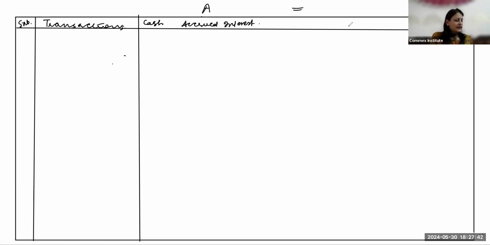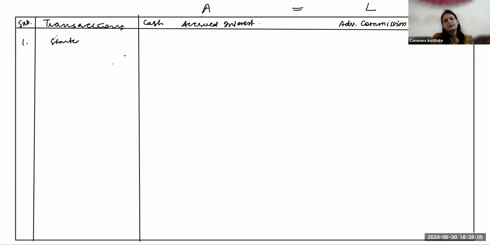On the liability and capital side, I've got advance commission and I've got the capital. So this is L plus C. No creditors, nothing.